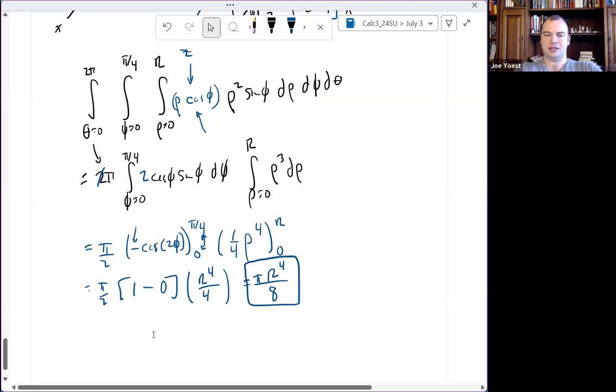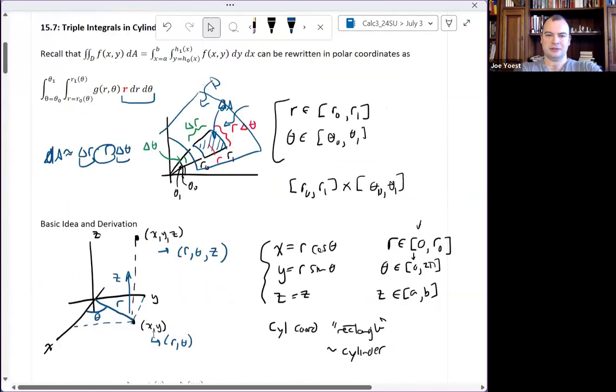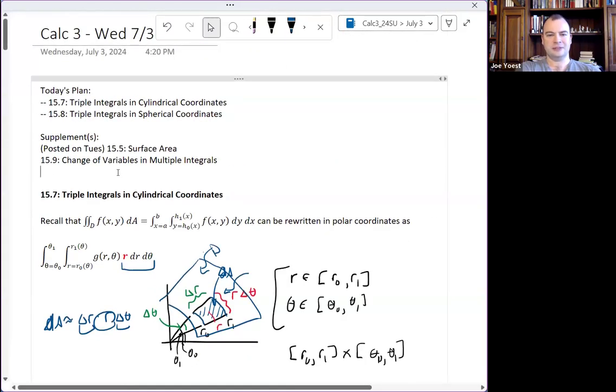Any questions on anything we've done today? Okay, so I think these are, in some sense, a pretty straightforward generalization of things like polar coordinates and double integrals in polar coordinates.